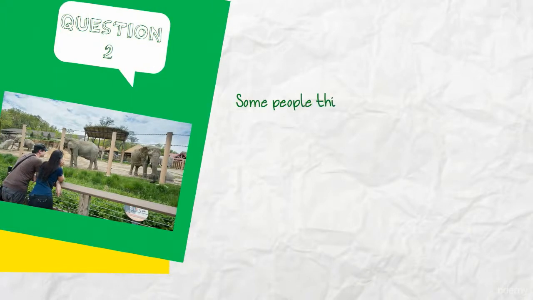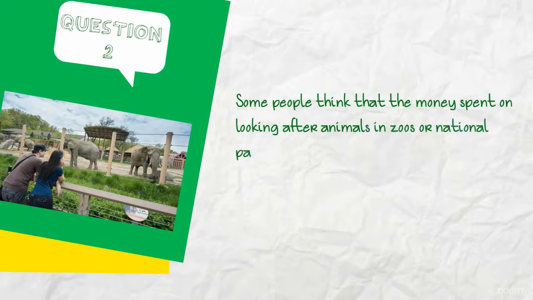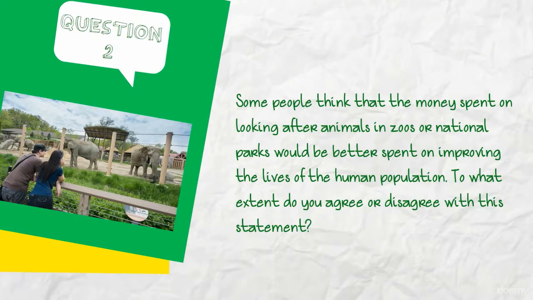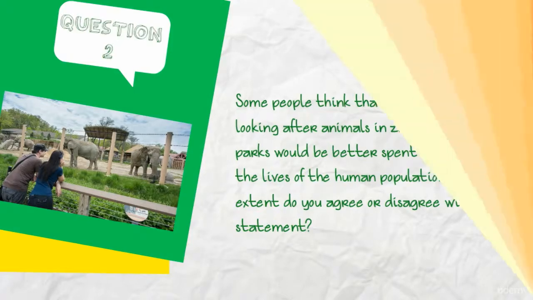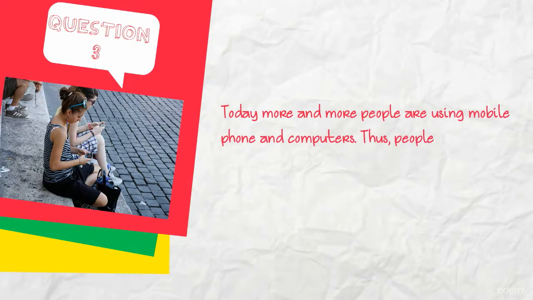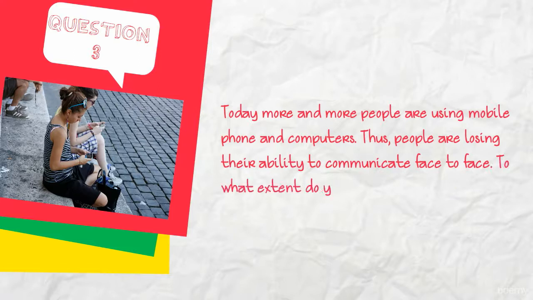Some people think that the money spent on looking after animals in zoos or national parks would be better spent on improving the lives of the human population. To what extent do you agree or disagree with this statement? Question 3. Today, more and more people are using mobile phones and computers. Thus, people are losing their abilities to communicate face to face. To what extent do you agree or disagree?